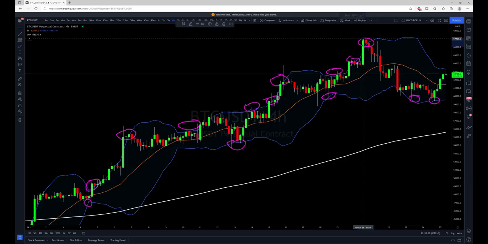Now I'm going to get into some more advanced techniques where you can get better, more accurate entries and not just blindly be buying the bottoms or the tops depending on the trend direction. But it's a great place to get started, to start thinking about the Bollinger Bands as a way to get into a trend at a discounted price, where that pullback in the trend is likely coming to an end, and expecting that trend continuation.